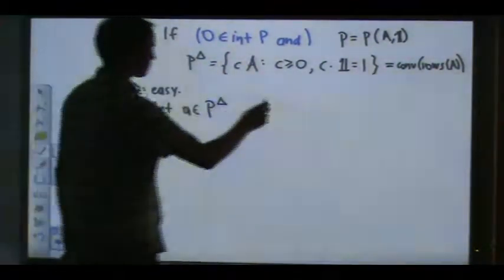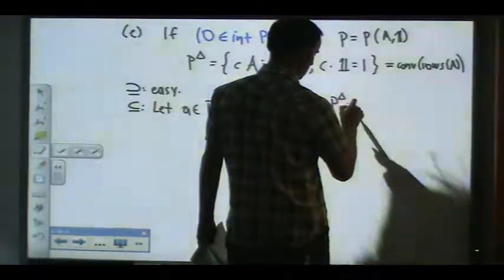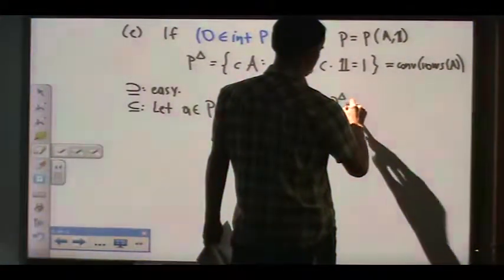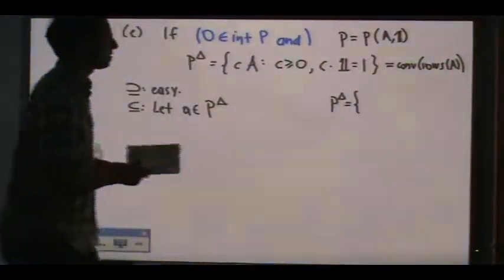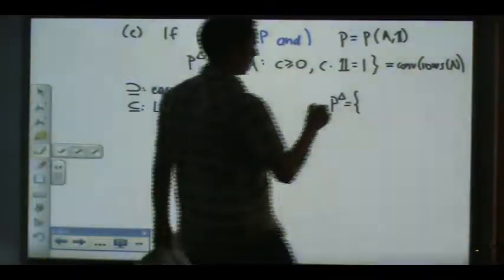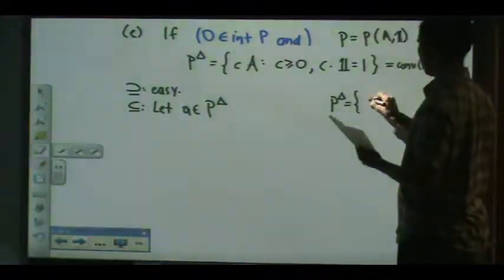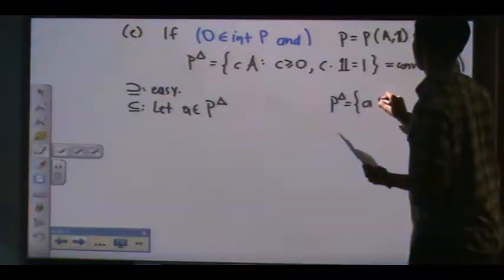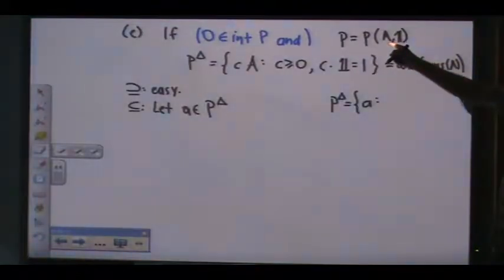So what is the dual polytope? The dual polytope is those A's such that their dot product with anything here is less than or equal to 1.